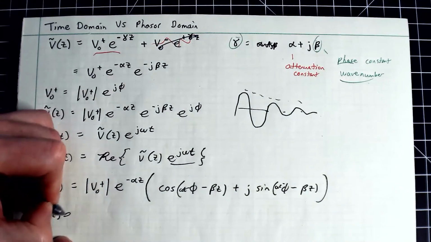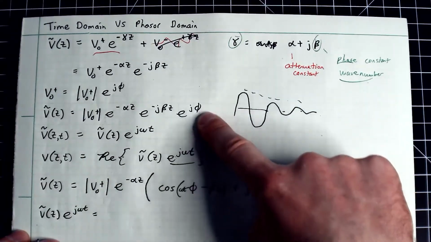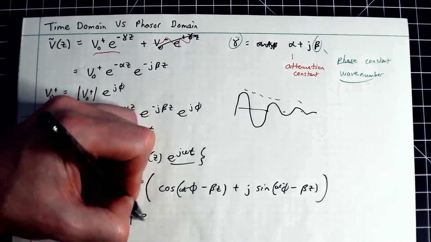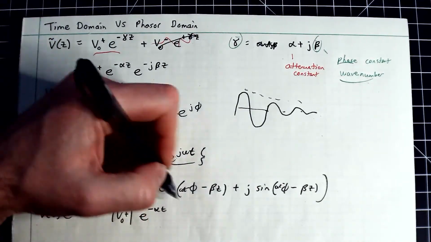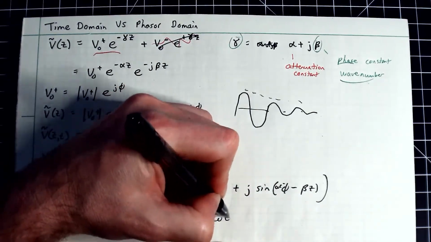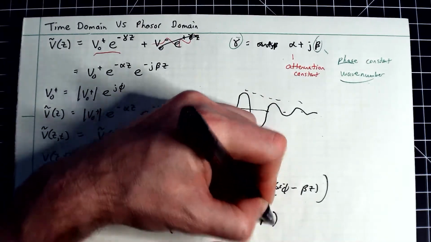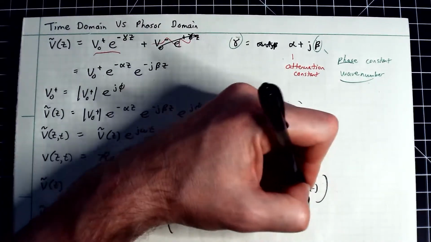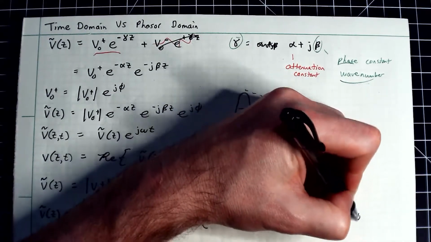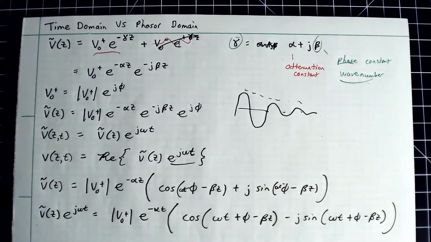V of z e to the j omega t. If I multiply it up and carry it all through, I get the following: V naught plus e to the minus alpha z, then cosine of omega t plus phi minus beta z, minus j sine of omega t plus phi minus beta z, like that.